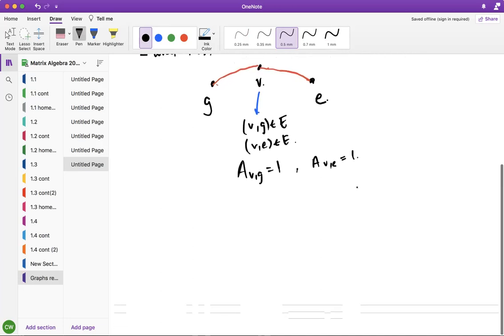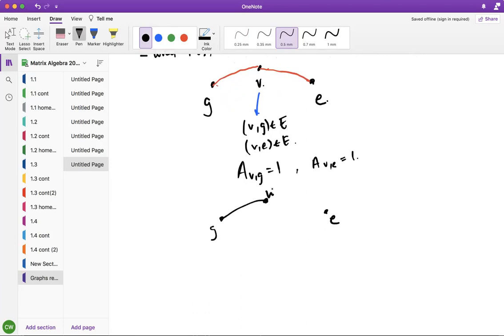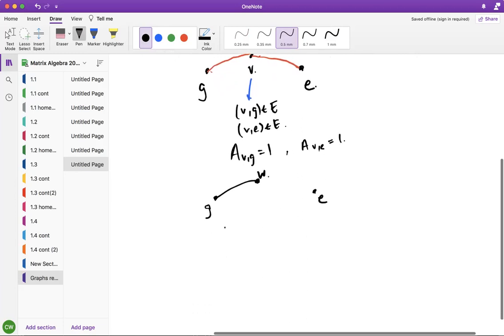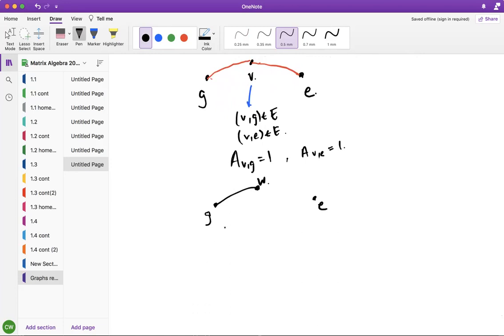But let's suppose there's a vertex W that's connected to G, but it's not connected to E. So we know that there cannot be a length two path. How does this work in the adjacency matrix? A_WG is equal to 1, but A_WE is equal to 0.